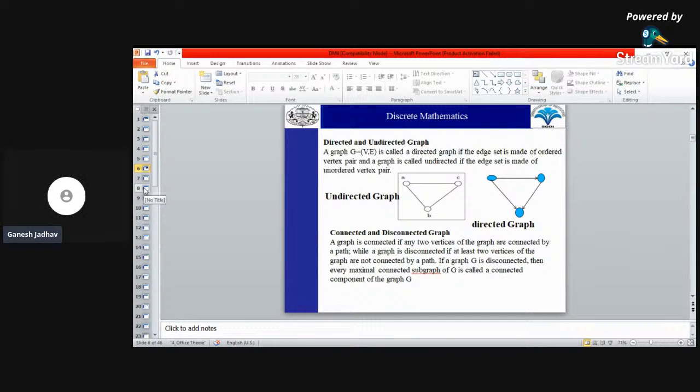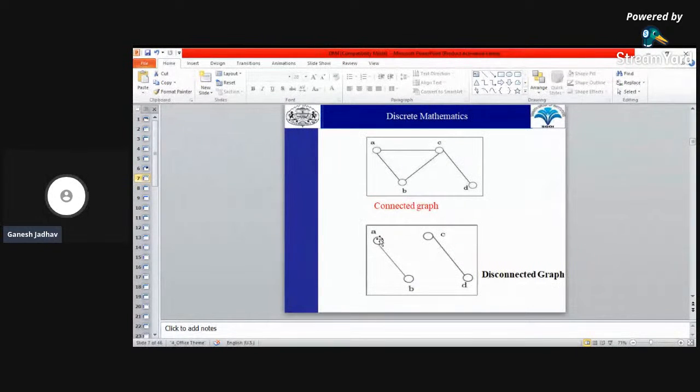Here there is no edge between these nodes, so we can say that this is the disconnected graph.